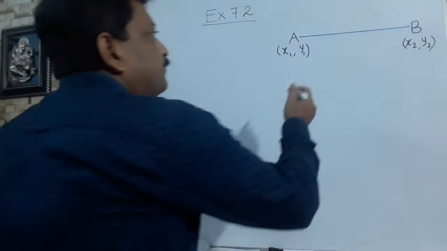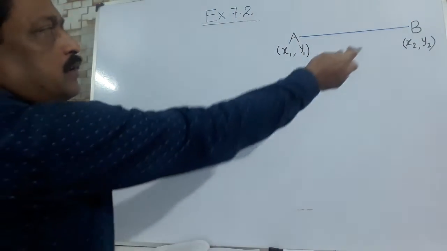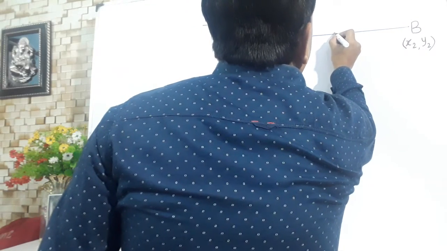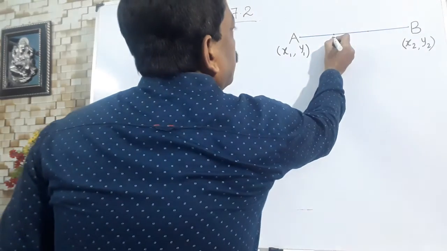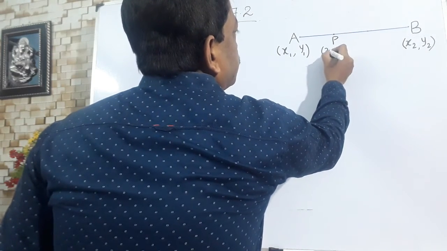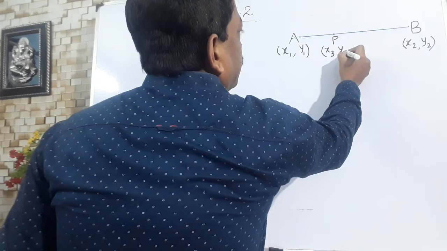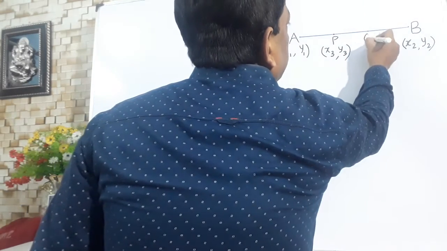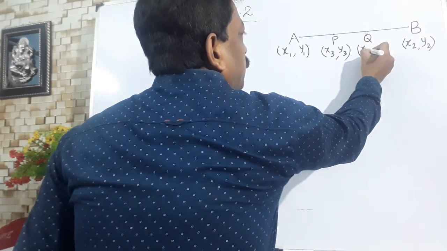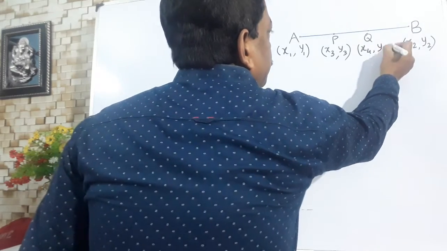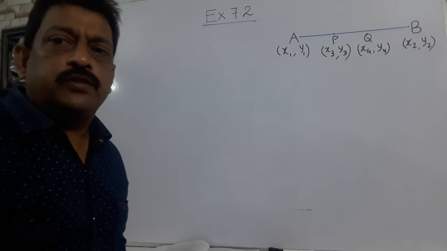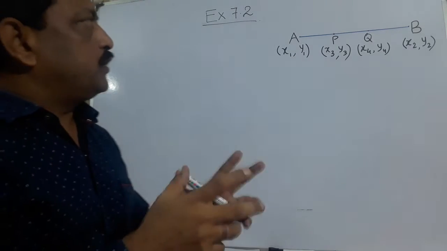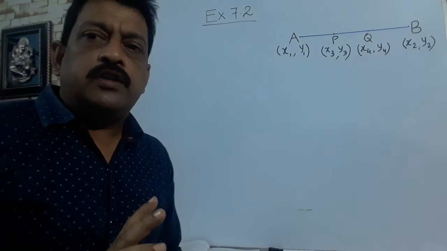So I am taking A as (x1, y1), B as (x2, y2), and let P and Q be 2 points on the line. Let the coordinates of P be (x3, y3) and Q be (x4, y4). P and Q are dividing AB in the ratio 1:1:1, meaning all parts are equally divided.